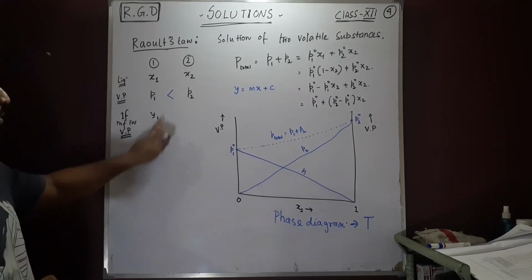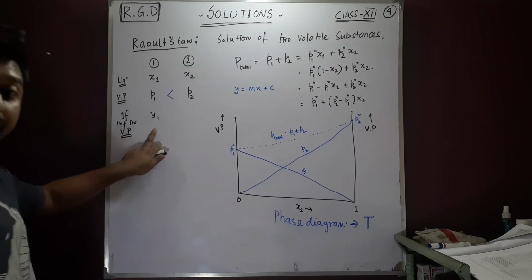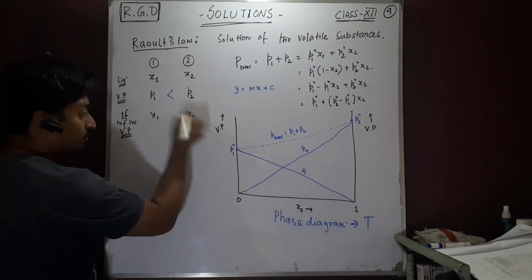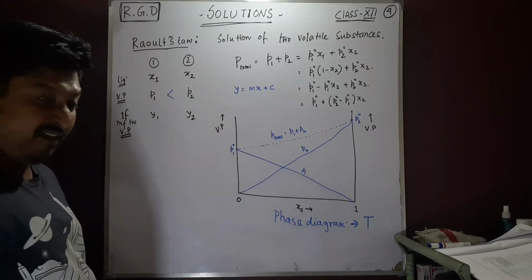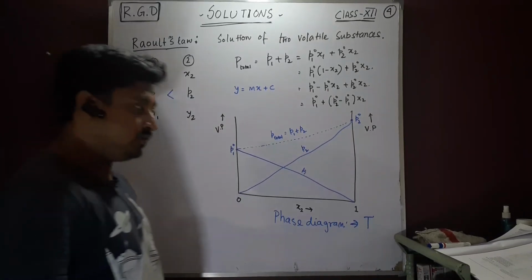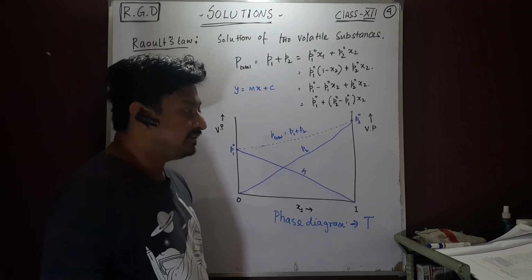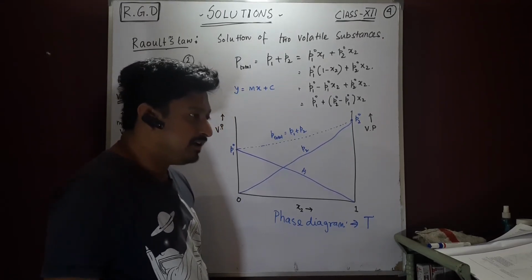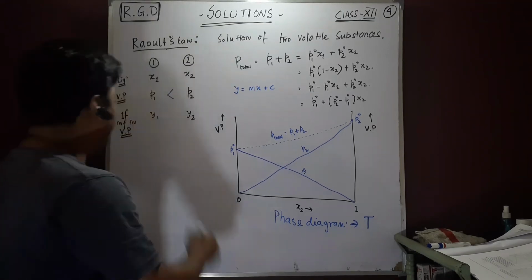Mole fraction of component 1 in vapor phase is Y1, and mole fraction of component 2 in vapor phase is Y2. Then what you can write here, according to Dalton's partial pressure law.